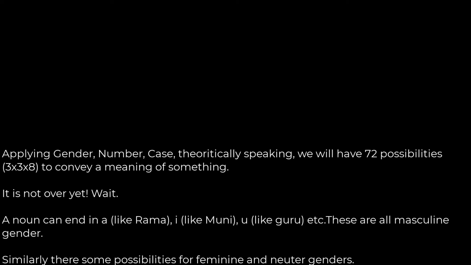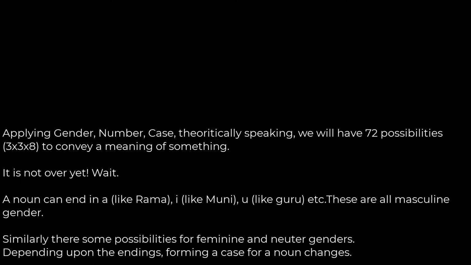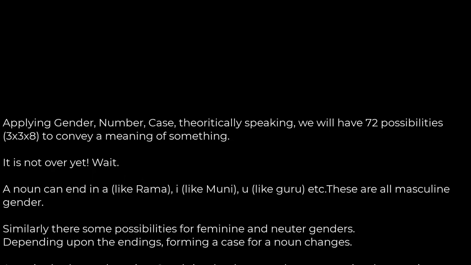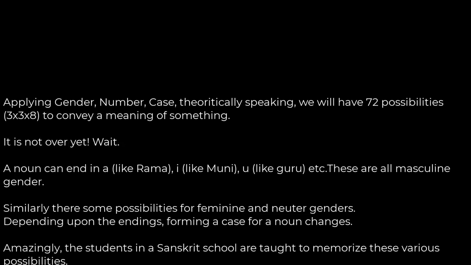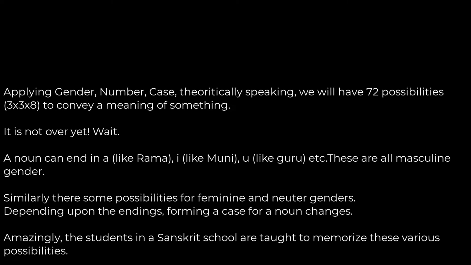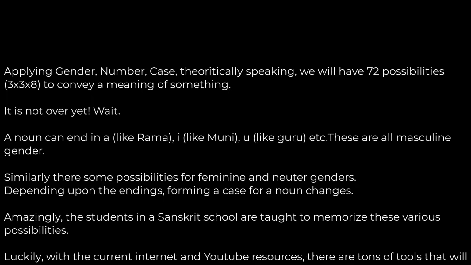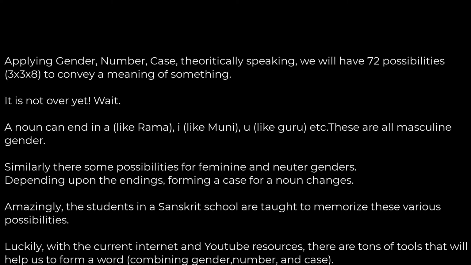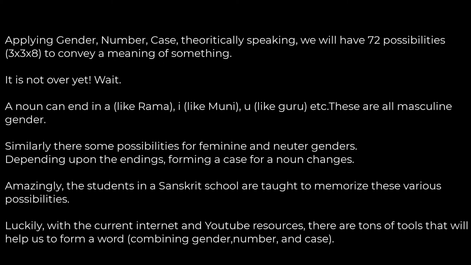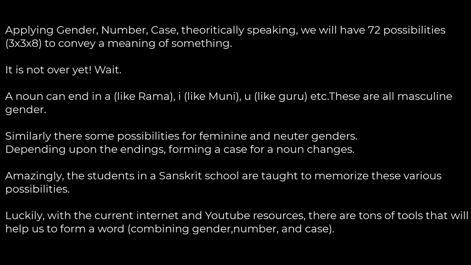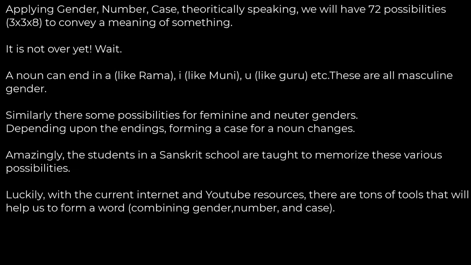In Sanskrit, if a word ends with a like Rama, or i like Muni, u like Guru, then the case formation changes. So basically, there are lots of possibilities. Amazingly, Sanskrit students memorize them. Luckily for us, now we have internet technology, YouTube, many resources. We can use them to digest these ideas.